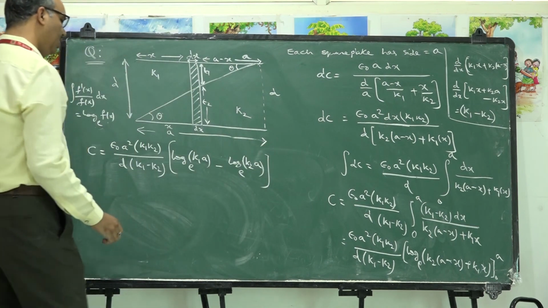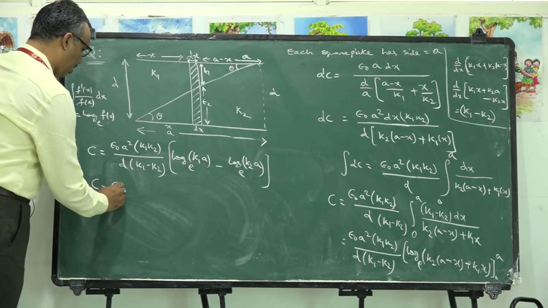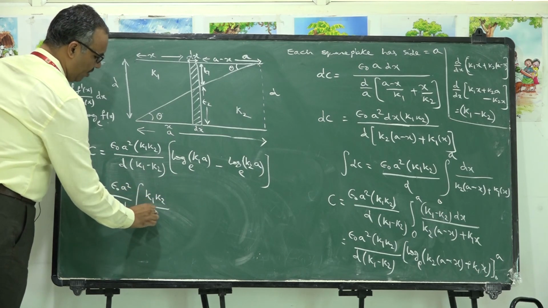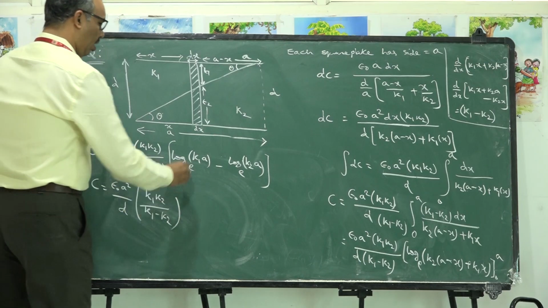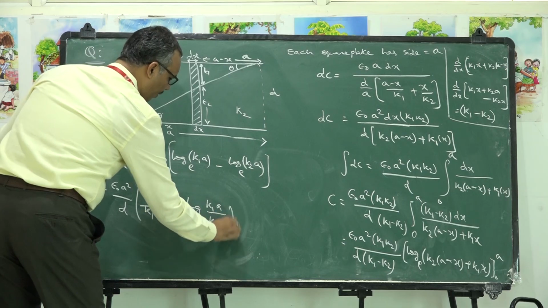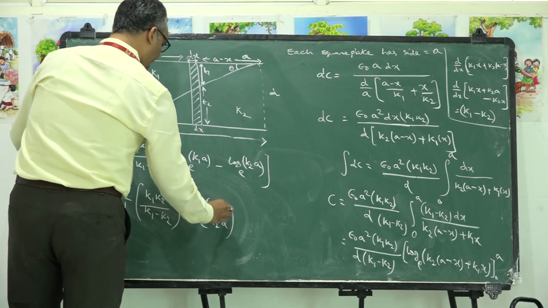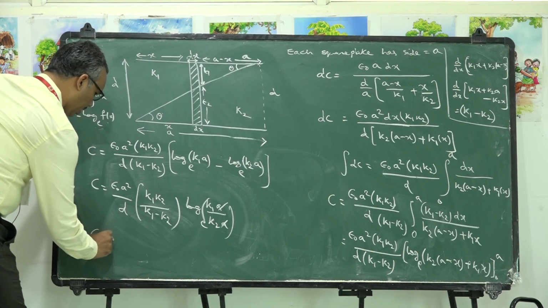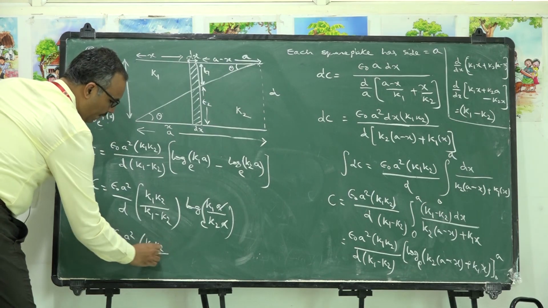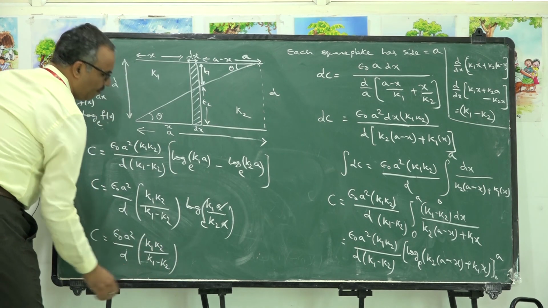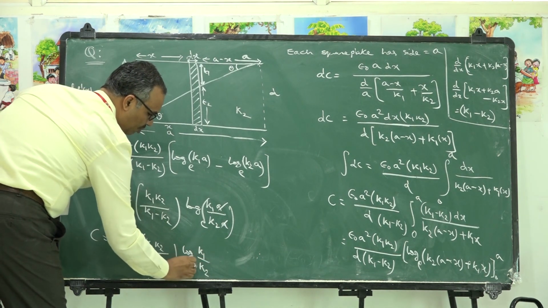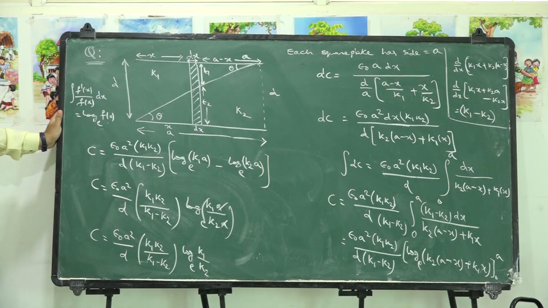Log A minus log B is log A by B. So epsilon naught A square by d, K1 K2 by (K1 minus K2), into log K1A by K2A to the base e. A gets cancelled. So epsilon naught A square by d, K1 K2 by (K1 minus K2), log K1 by K2 to the base e.